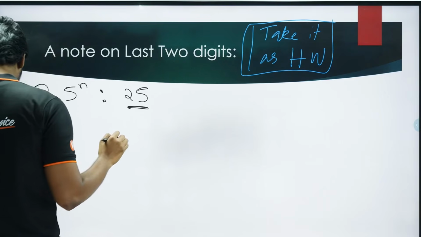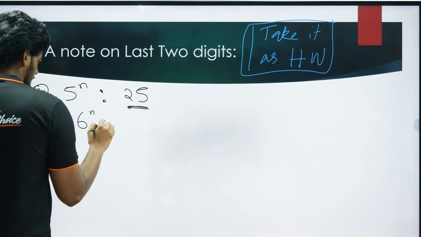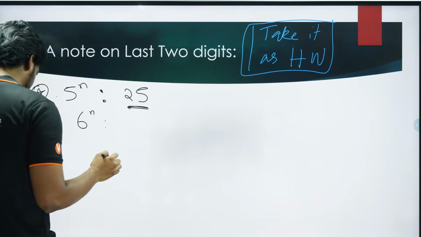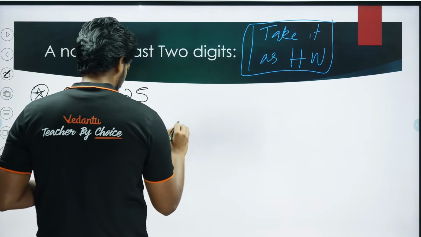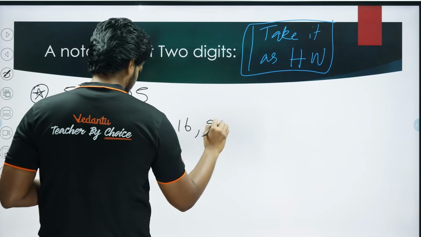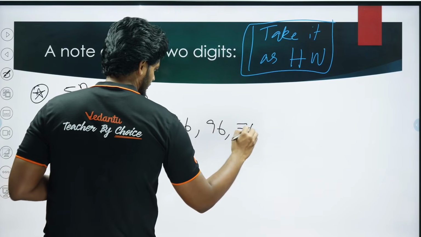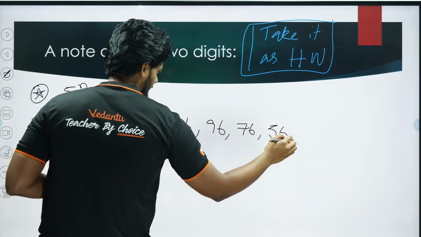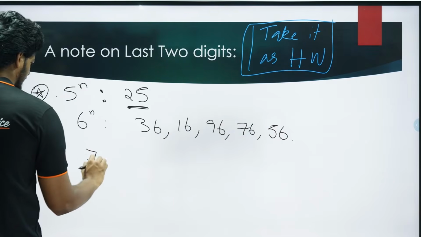Now power of 6. Repeat as follows: 36, 16, 96, 76 and 56. 7 power n.